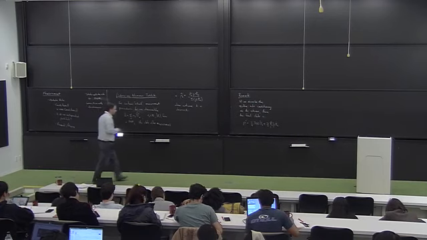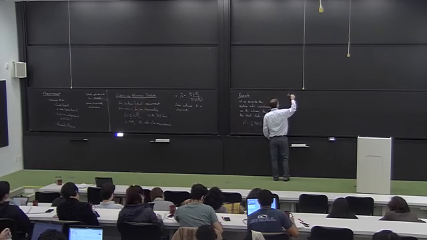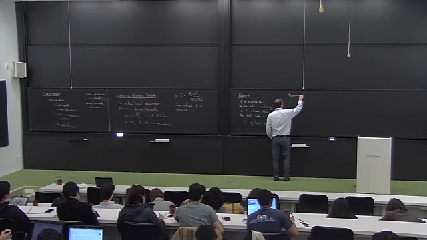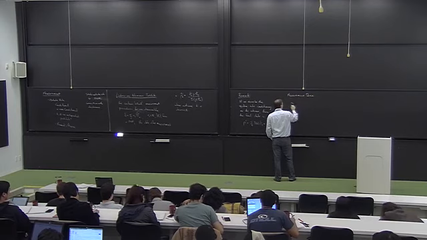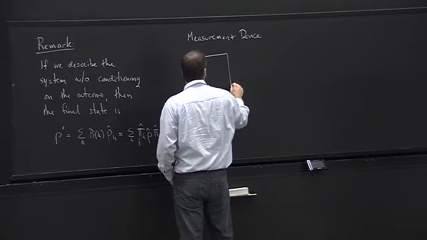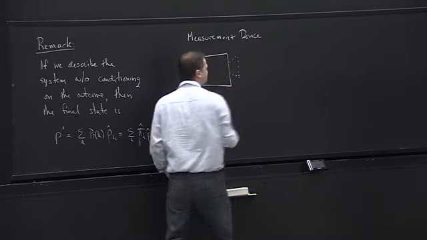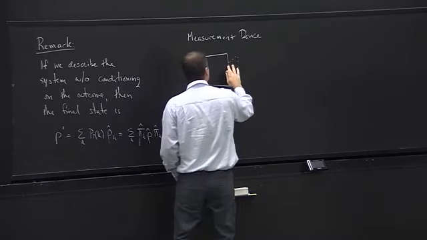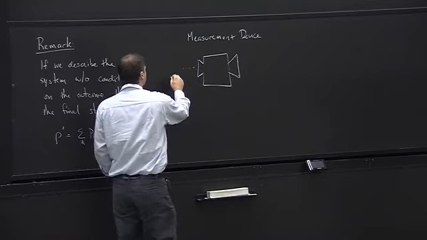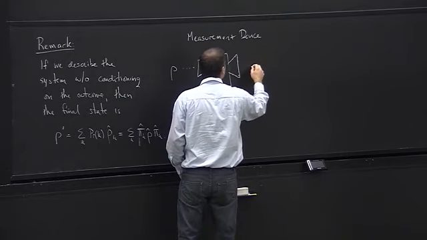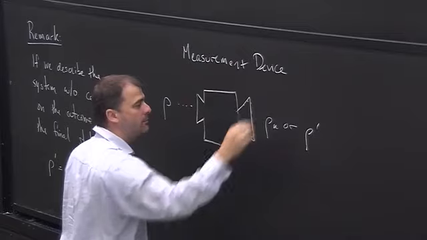Here what we're describing now is this scenario where we have our measurement device. What previously was just dotted in, we're now going to actually describe in this way. So here's rho, and this is rho_k or rho prime coming out.